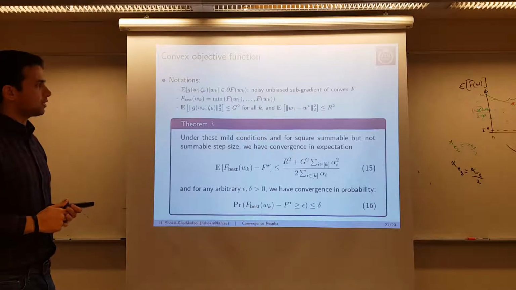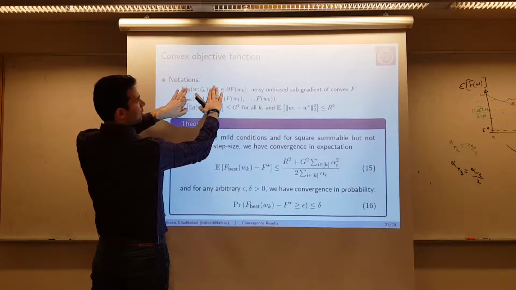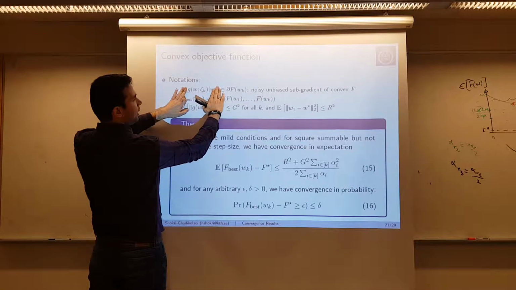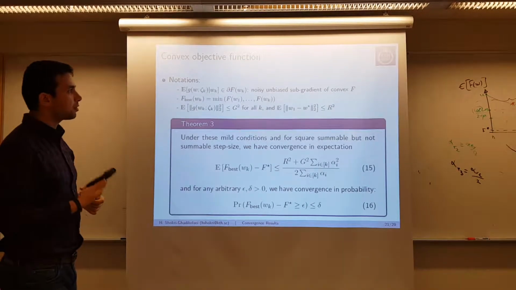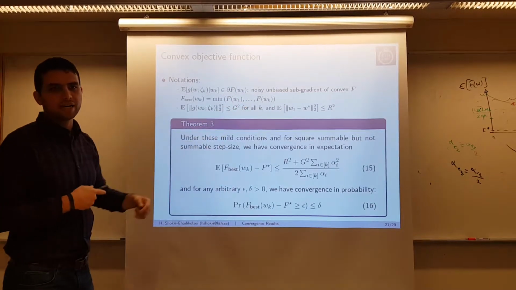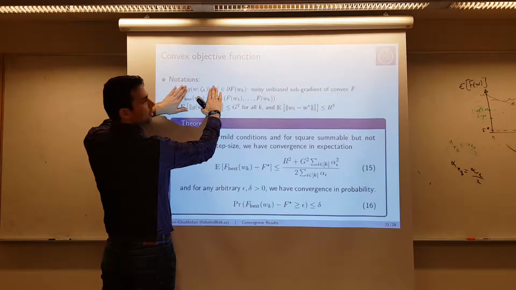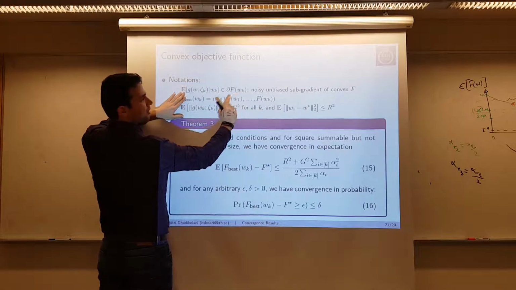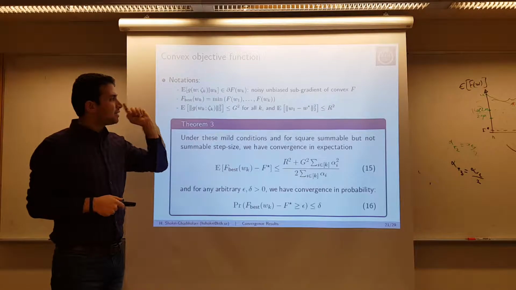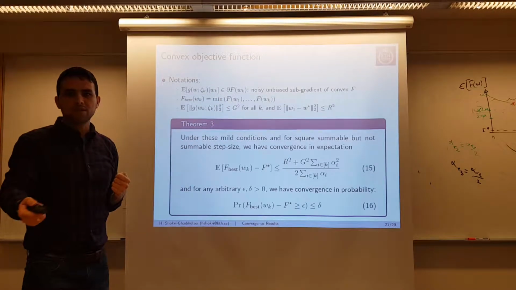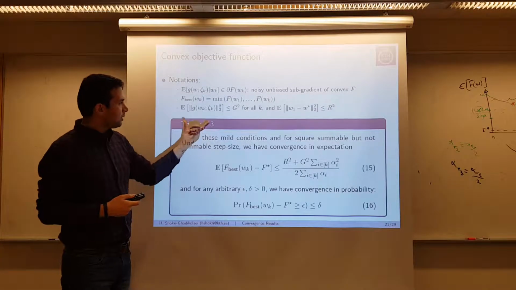Then given wk, this g is a noisy, unbiased subgradient of this. For simplicity, in the simplest scenario, I assume that this is an unbiased, noisy version of the actual gradient. And then define f best as the minimum of the function evaluated so far.